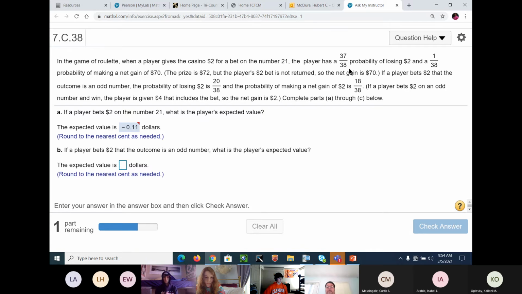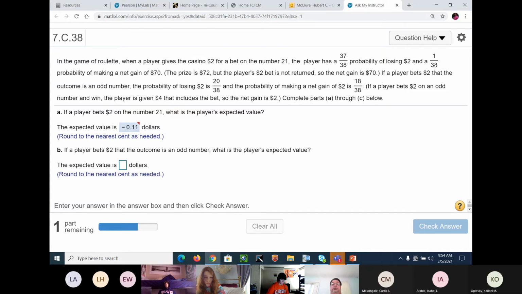Okay, so the probability of losing is 37 over 38. The probability of winning is equal to 1 over 38. So that's the probability of success, and that's the probability of failure.